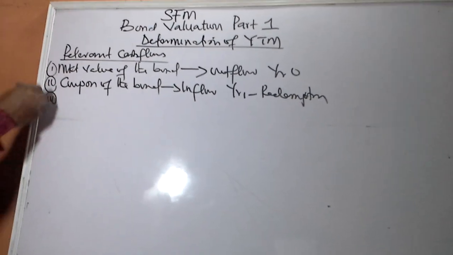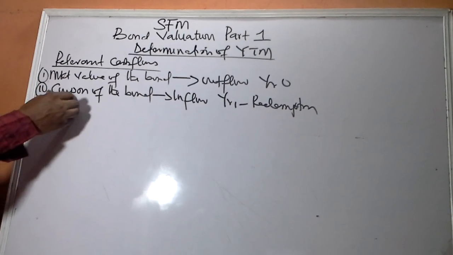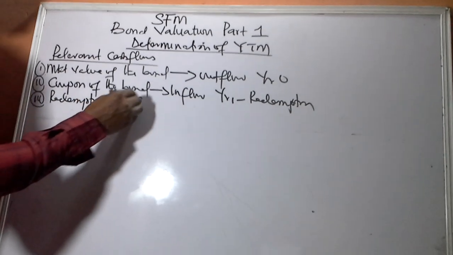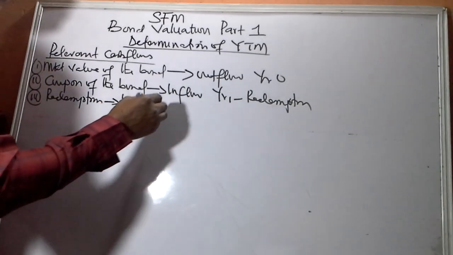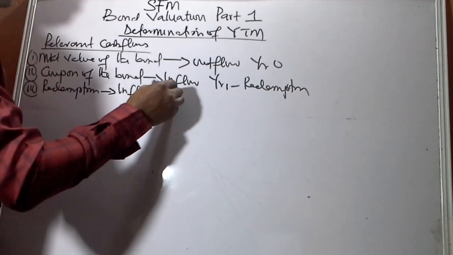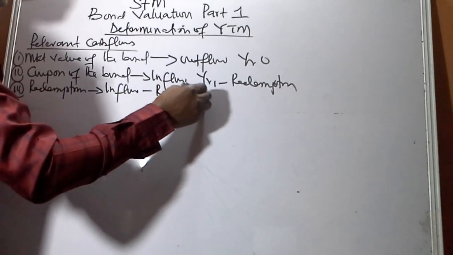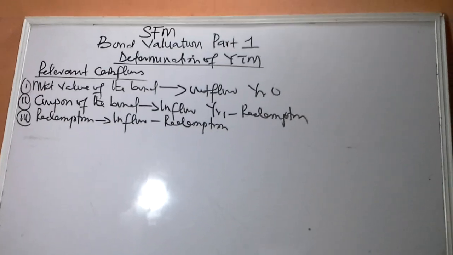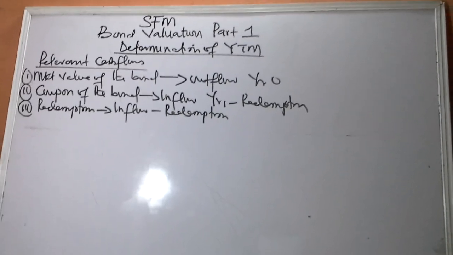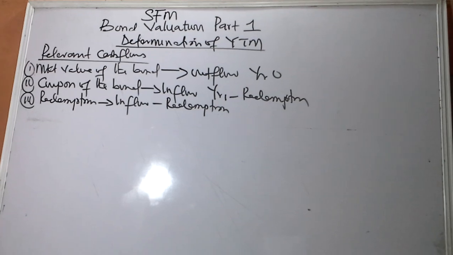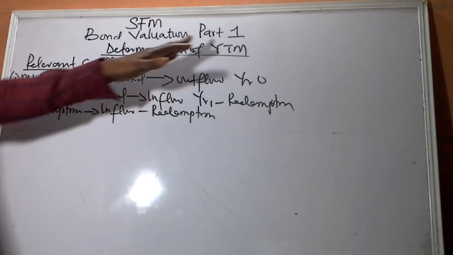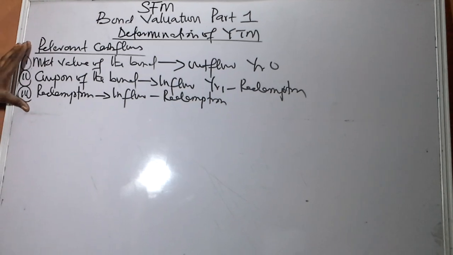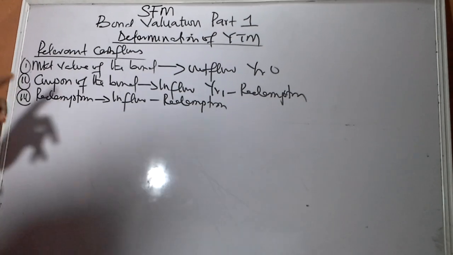Third now, the redemption value of the bond, as an inflow on the what? Redemption date. Please don't forget that your bond could be redeemed either at par or premium or discount. Now, to get the yield, the YTM of the bond, you need these 3 cash flows. Exactly. And it is very simple.